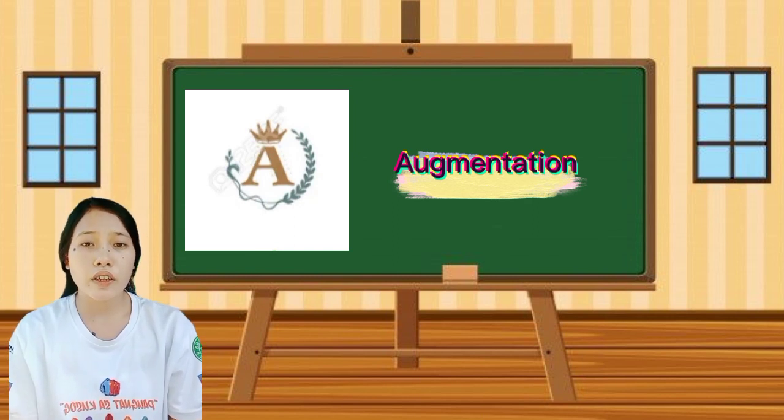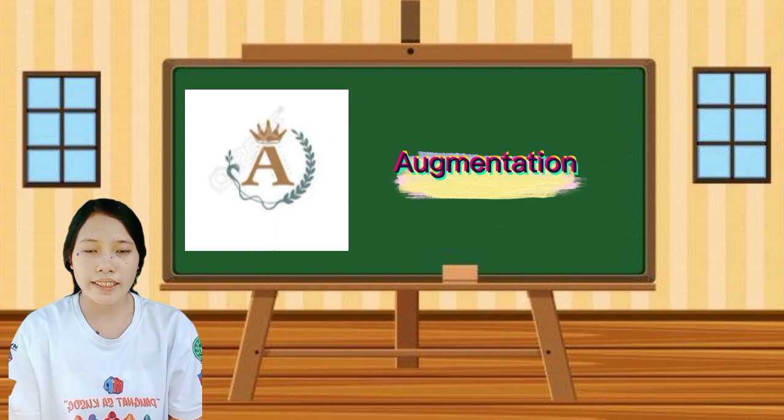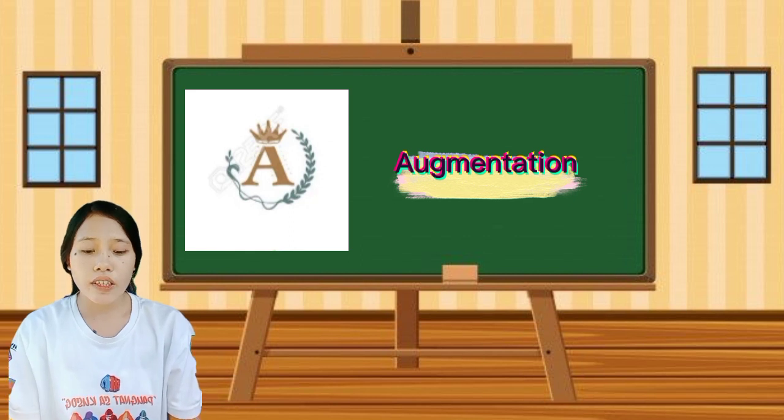The second layer of the SAMR model is augmentation. Augmentation is when technology starts to enhance the student's learning experience, adding previously unavailable features and functions. From the example above, we move on from a plain text editor to Microsoft Word.